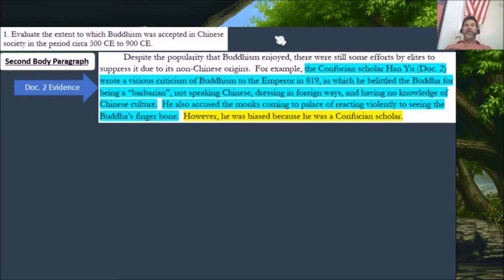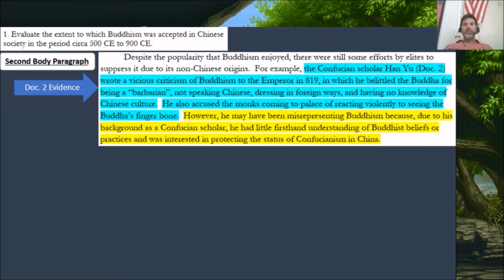Now, this attempt at sourcing in yellow, is this successful? No. The answer is no. If you simply say, however, he was biased because he was a Confucian scholar, that is never going to be enough, because there's no explanation of how he was biased or the way his bias was going to show itself in the document. Instead, you need to say something like this.